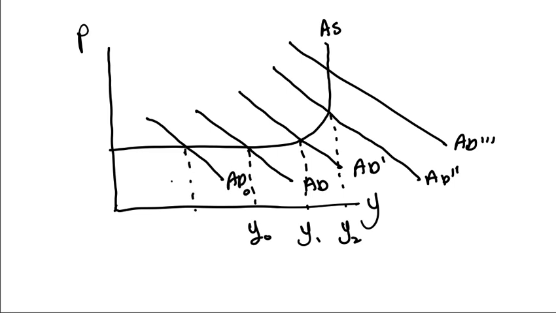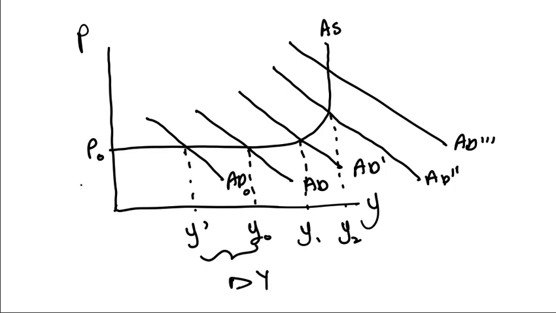Then we can see in this range, when income is at Y naught, price is at P naught. When income decreases due to decrease in AD from AD to AD naught, then income decreases to, let's say, Y prime. So this is the total change in income.